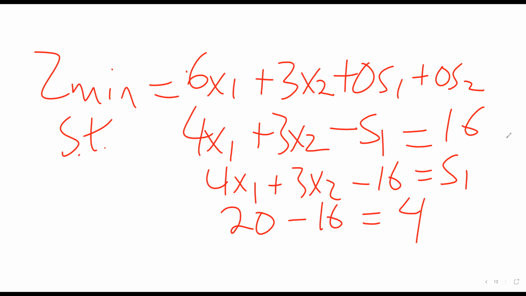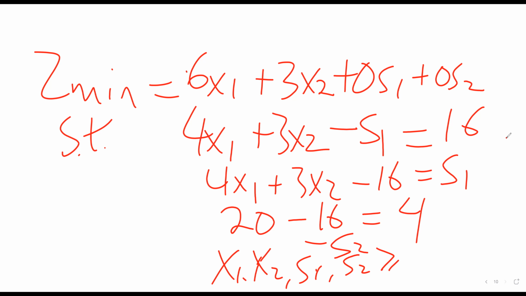Stephen, do you get it? Yes, sir. And then the second constraint will also be minus S2, isn't it? Yes. It doesn't change the non-negativity. The non-negativity will still be X1, X2, S1, and S2 greater or equal to 0. So note that in minimization the surplus becomes a minus, and when it comes to maximization, it becomes a plus.